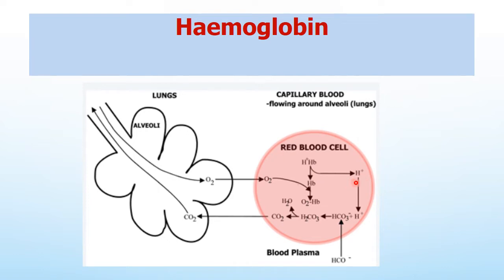This hydrogen ion combines with the bicarbonate that diffuses into the red cell from the plasma and forms carbonic acid, which dissociates into carbon dioxide and water, and this carbon dioxide is expired out. Hence we can see that the bicarbonate which was present in the plasma, which was coming from the carbon dioxide at the tissue level, gets expired out as carbon dioxide at the lung level.